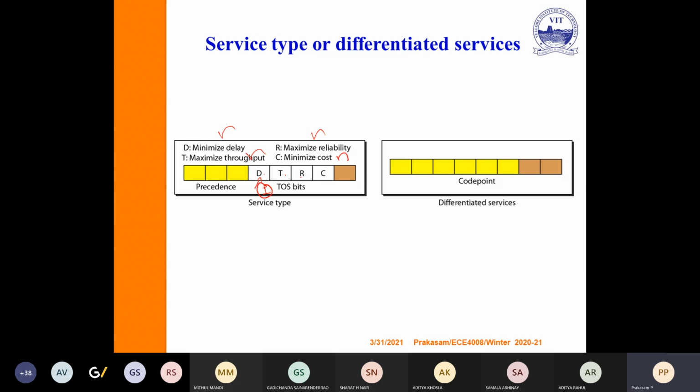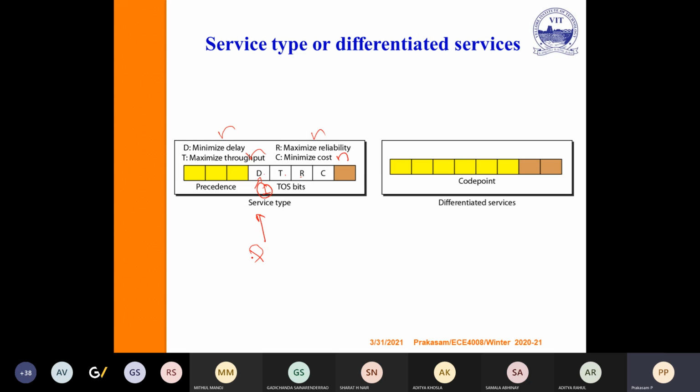The exact word for an IP packet is a datagram. So if it is one, we give higher priority to pass the datagram to the destination, to minimize delay and increase the speed.